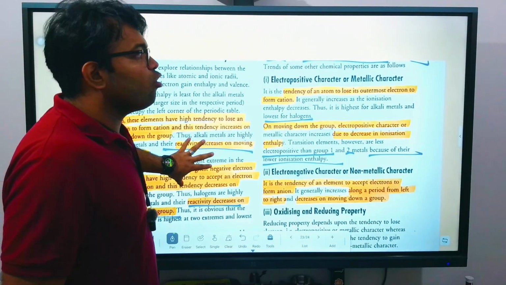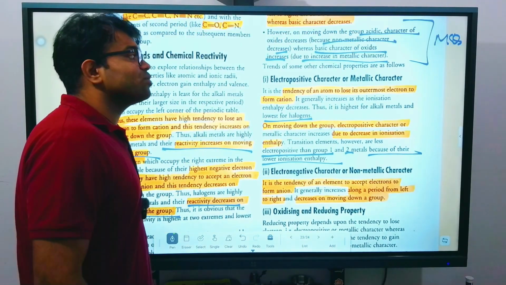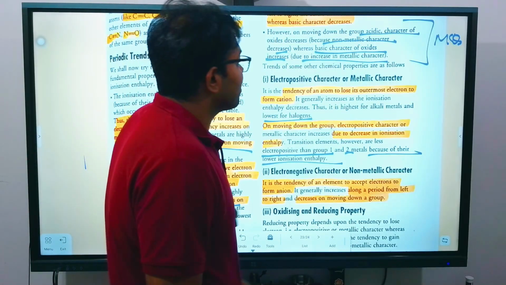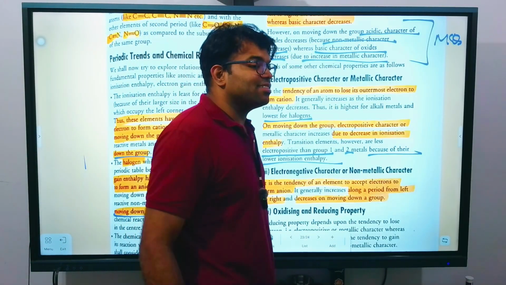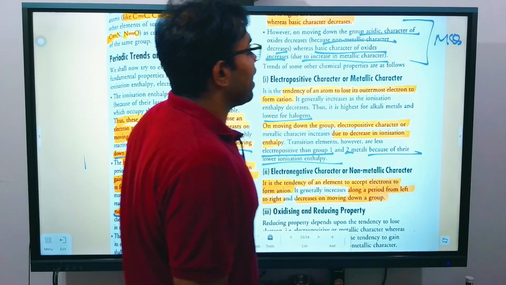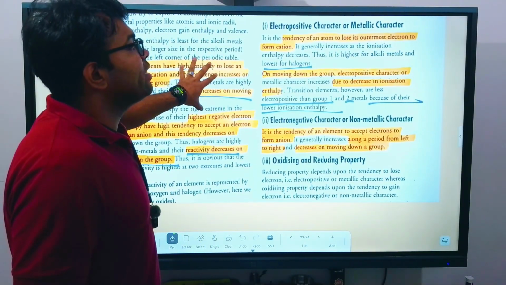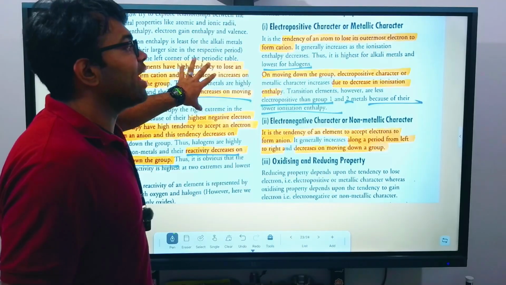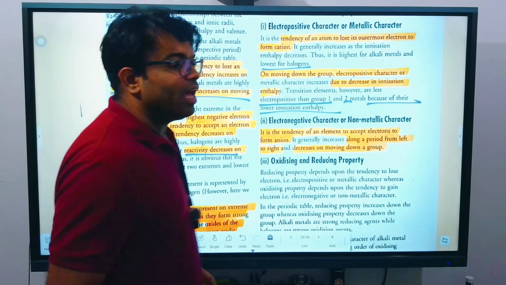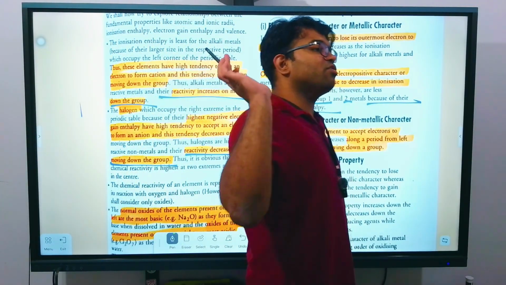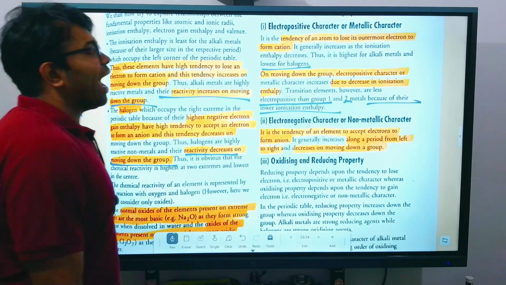The electropositive character or the metallic character decreases as we go from left to right, whereas on moving down the group it increases.